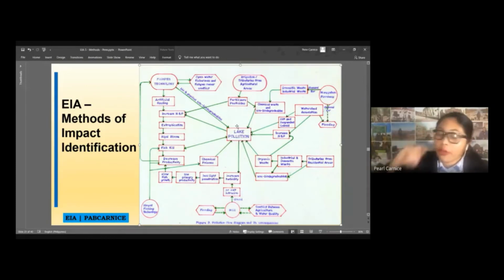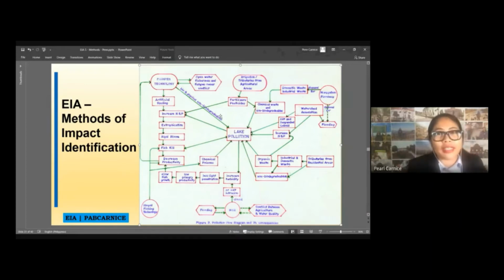Anyhow, my point in this illustration is there are a lot of factors that can influence the pollution of a certain lake, and there are also a lot of factors that can affect and cause a certain pollution of a certain lake, which can represent your specific study or specific project. So whatever project, as I mentioned last meeting, whatever progress, whatever kind of development, there is always an impact.